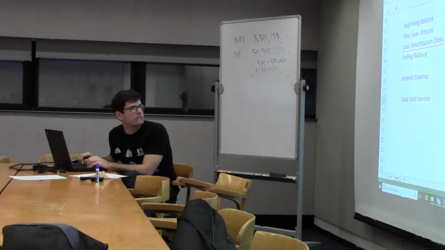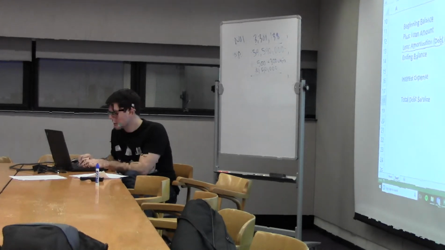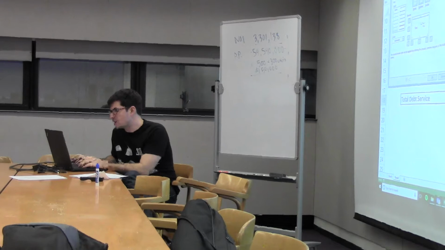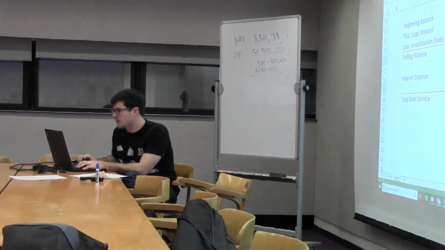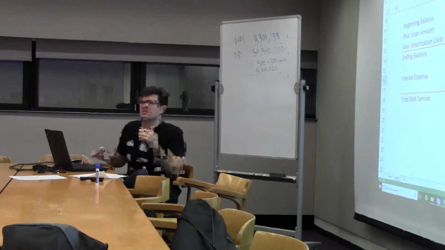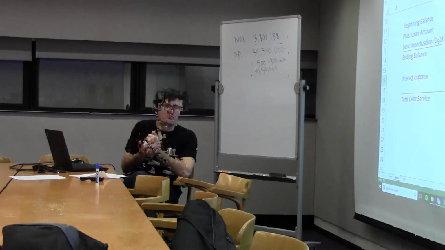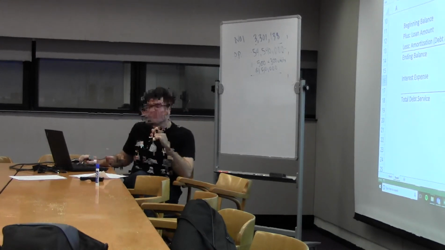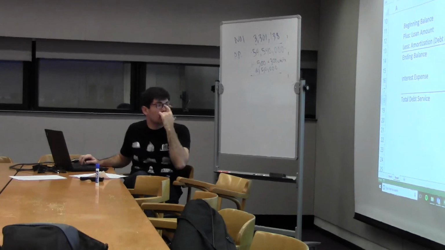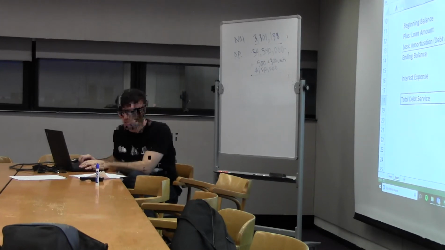So we don't owe anything at year 0, which we'd expect. And then it goes down every year, because this amount that we pay down off the loan is fixed, but the interest that we pay, this is the expense that is reflected on the income statement, goes down because we're paying down the debt every year. We owe less interest. So our total debt service is interest plus amort.